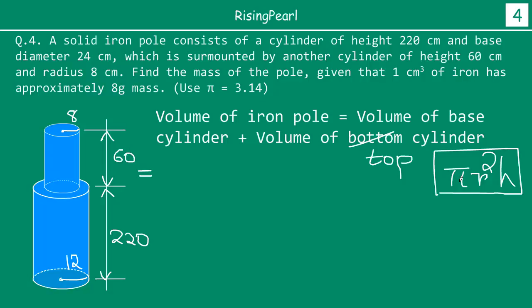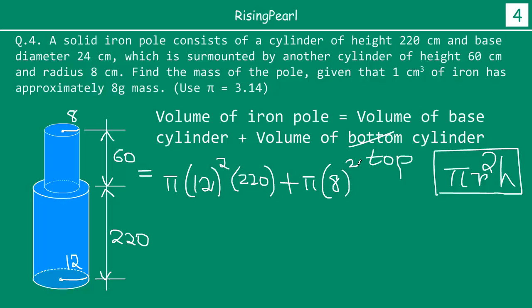So the formula is pi r square h. For the base cylinder we can say pi, r is 12, so pi r square times h is 220, plus pi r square for the small cylinder, r is 8 square and h is 60.